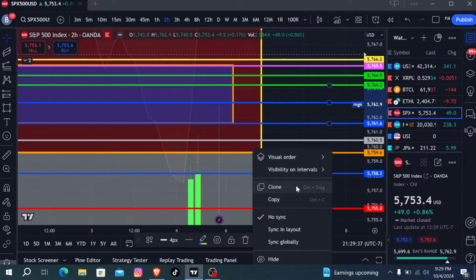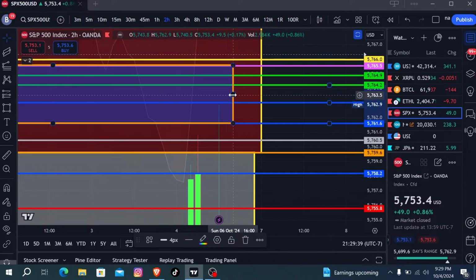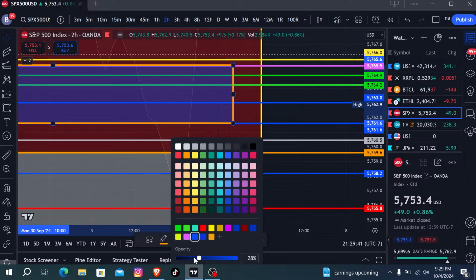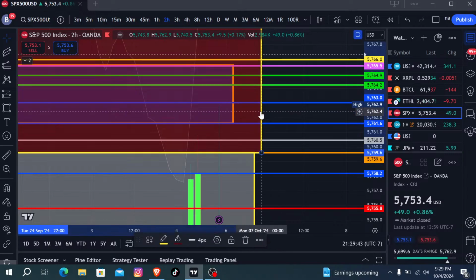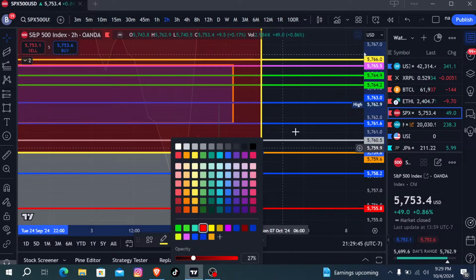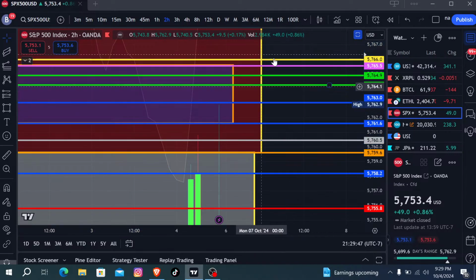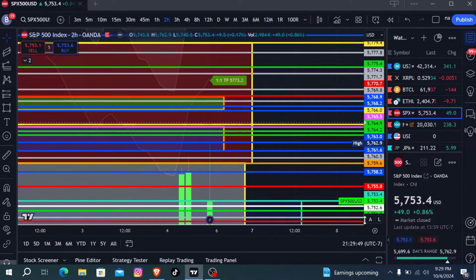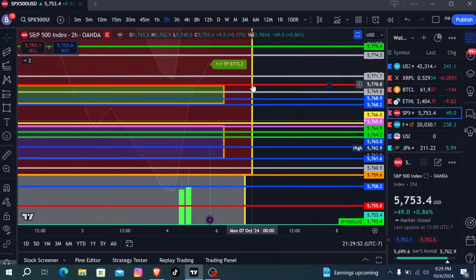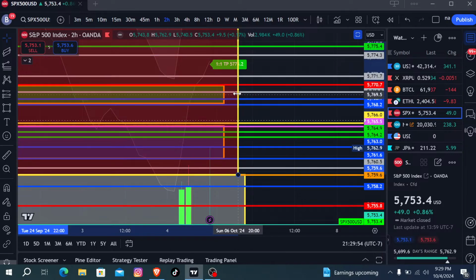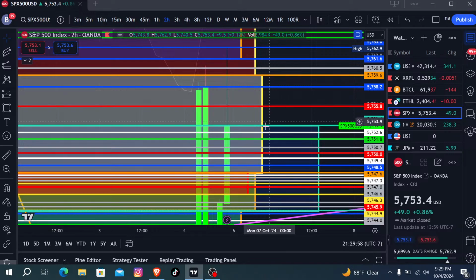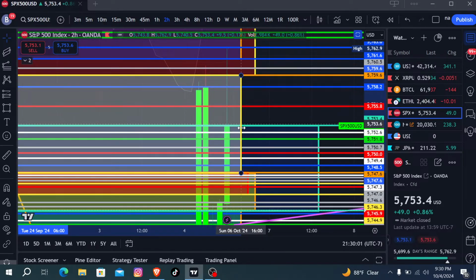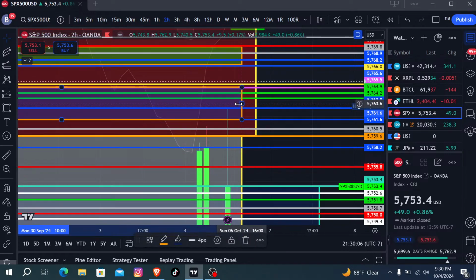Alright, this is good. Take this one down, color down a little bit. Same with this one, I toned it down already. This one's too far away. October. And this one, Sunday. There you go.